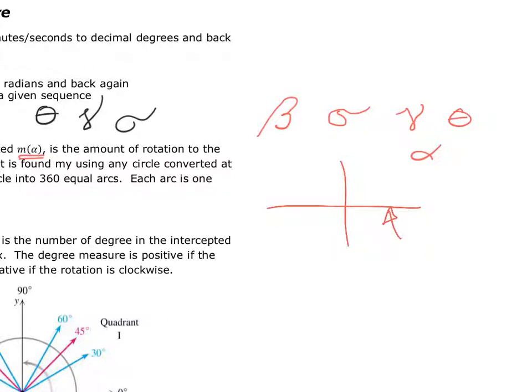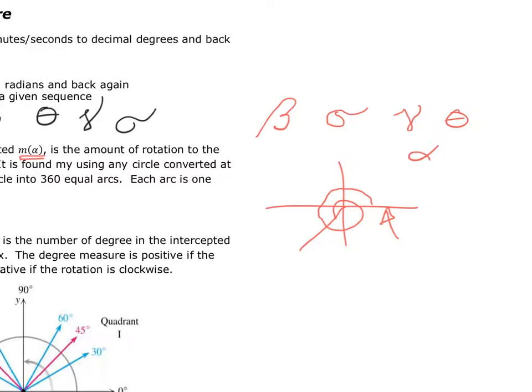That is our initial side almost always in this class, unless specified otherwise. Our terminal side is wherever it lands, so it may be down there. And when we talk about rotation, it may be a single rotation like this, or it may be multiple rotations to get there. So the measurement of the angle is how far we have rotated.